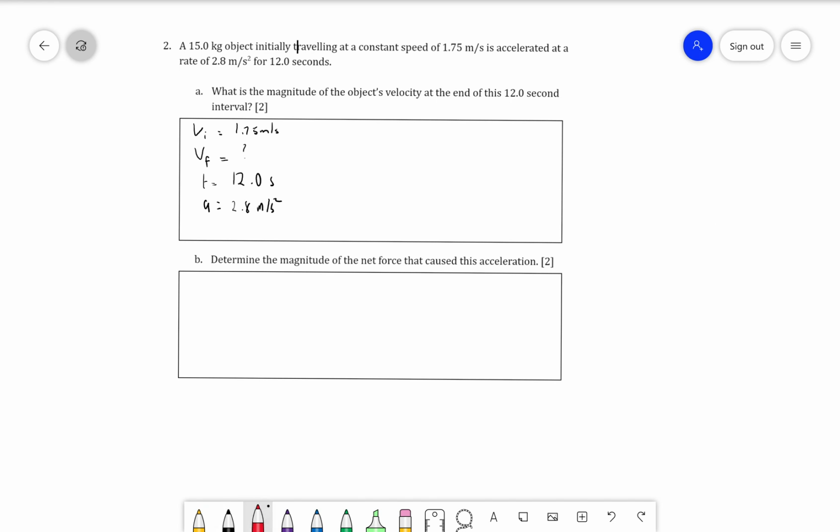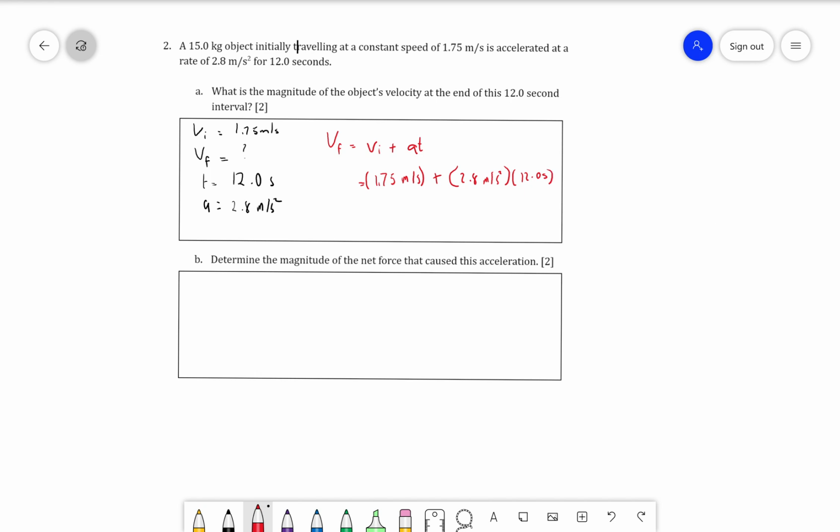And what we also know is we have the formula VF equals VI plus A times T. Well, we want VF, so 1.75 meters per second for VI, we plug in everything in, plus 2.8 meters per second squared times 12 seconds. And then we do 2.8 times 12.